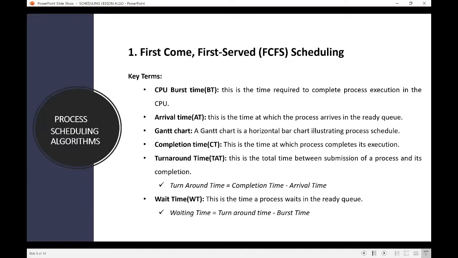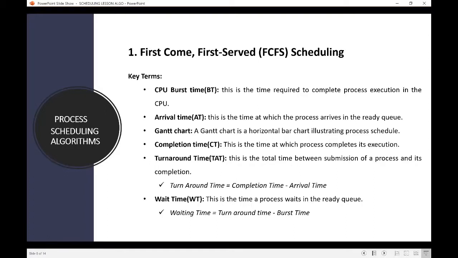We have what we call a Gantt chart, which is a horizontal bar which illustrates the list of available processes and their required time to execute.